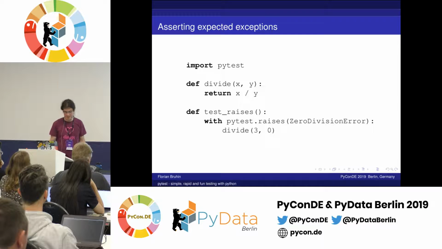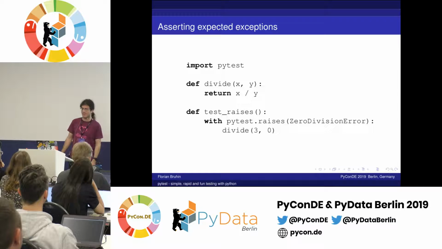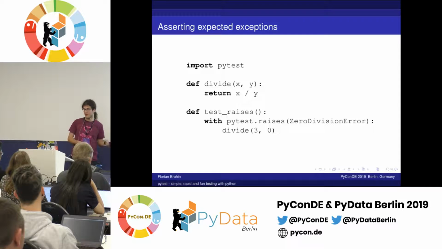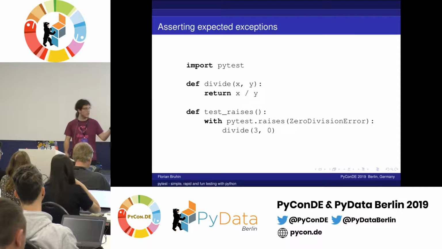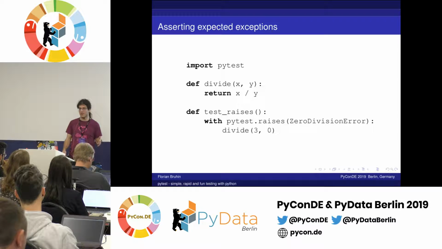But of course, there is a little bit of API in PyTest. For example, if you have an exception and you expect your code to throw that exception, for example, a ZeroDivisionError here, there is a pytest.raises context manager. So you have this with block, and whatever is in that block should raise that exception.